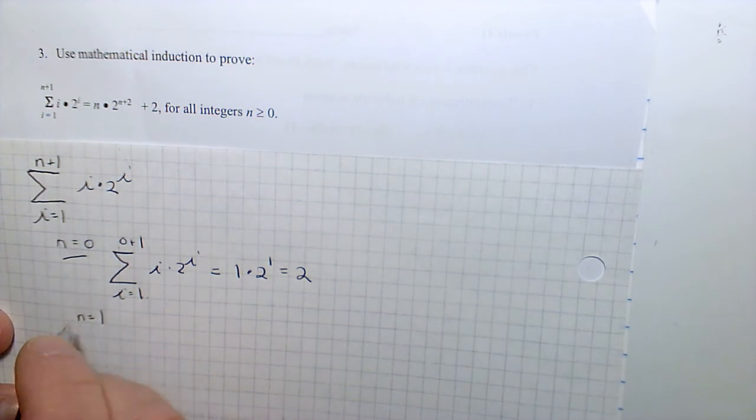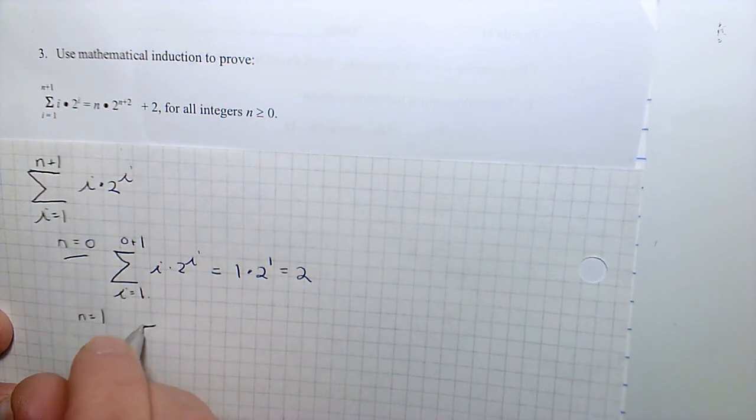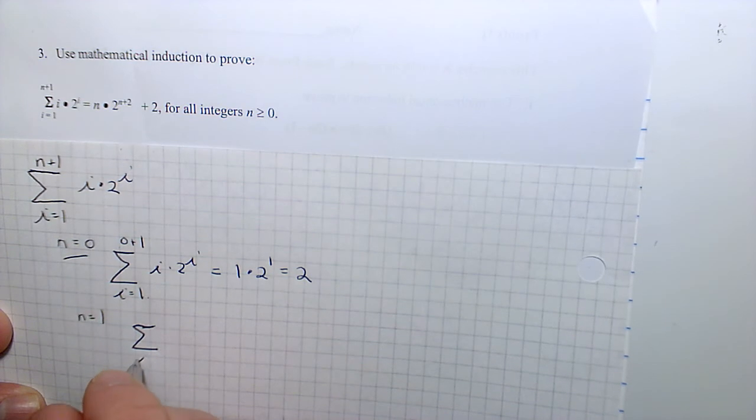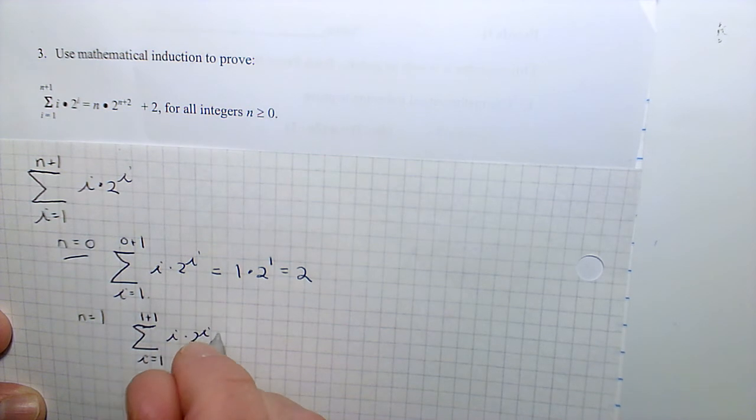When n is equal to 1, let's do our summation now. The summation starts at i equals 1 and goes to 1 plus 1, or 2, so there will be 2 terms.